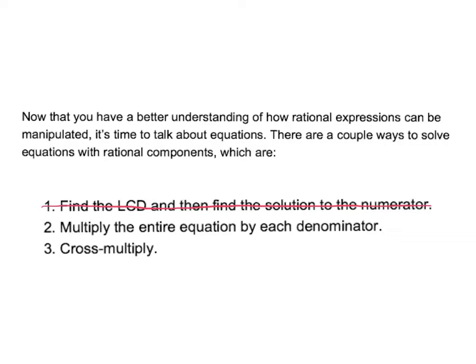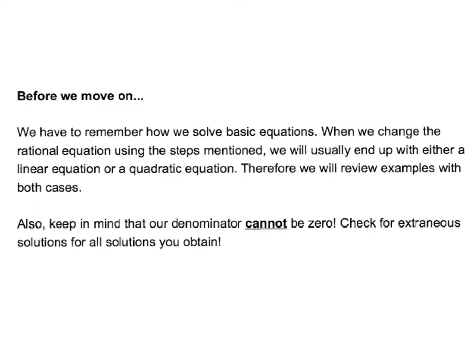We'll go through some examples so you can see what I mean. And the last method is to cross-multiply. This method cannot be used in all cases, so we'll go through an example so you can see when it's appropriate to use cross-multiplication, especially since this can be confusing if you aren't told when an appropriate situation is. So we'll go through both of these methods with some examples.